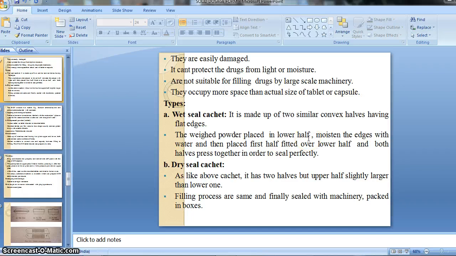Then the edges are moistened with the help of water. The edge of the lower half is moistened or wetted, right? And then the first half, that is the upper half, is fitted over the lower half and pressed together in order to seal, right?